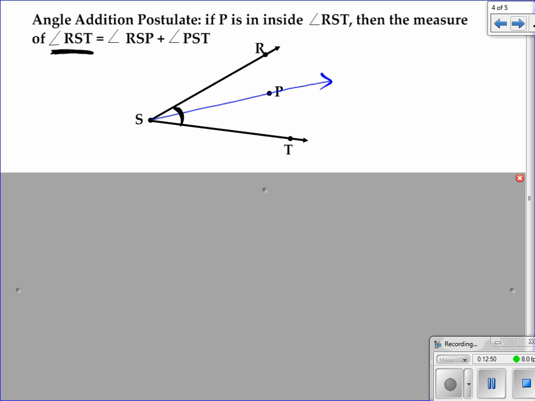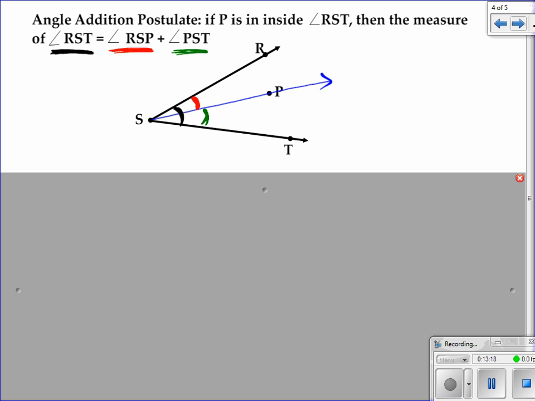Let's use a different color. We'll use red for this one. RSP, let's follow those. RS to P, we're talking about that angle. And this last one, PST, is talking about this angle.